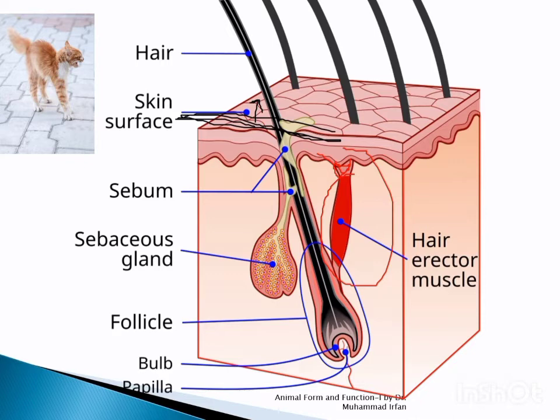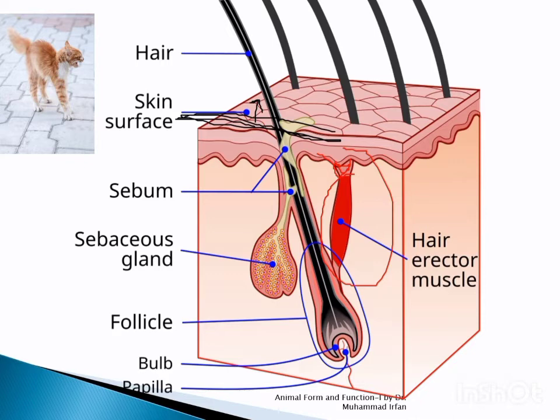But in a frightening situation, because the animal has standing hair, its body appears larger and more furious, so it could deter an attacker or predator.